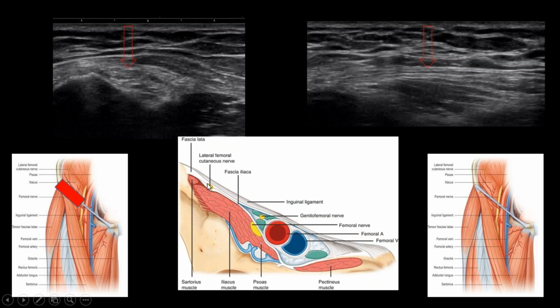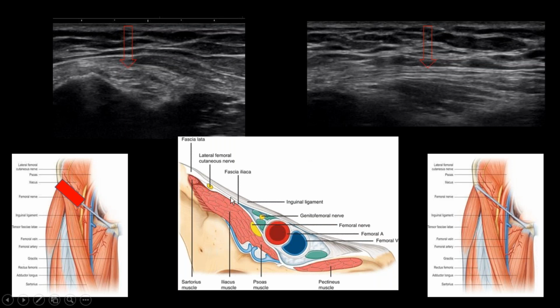And another factor that makes it a little bit difficult to visualize here is that it's between two tight fascial bands. So the nerve is between the fascia lata and fascia iliaca. If you can see these two white fascial layers here, it's sandwiched between these two tight fascial layers, and it appears as a hyperechoic flattened oval structure, like you can see here.